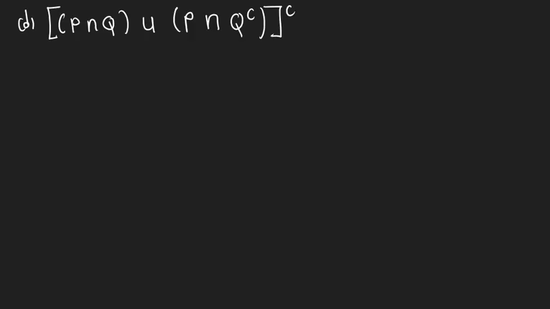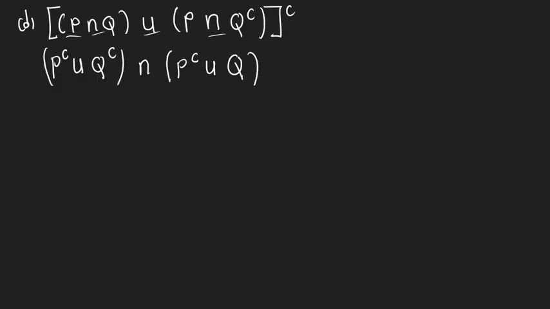So how do you go about solving this? Complement exposed to this P, it becomes P complement. Complement exposed to the intersection set becomes the union set. Then complement exposed to Q, it becomes Q complement, right? Complement exposed to the union set, it becomes the intersection set. Complement exposed to P, it becomes P complement. Complement exposed to the intersection set becomes the union set. Complement exposed to Q complement, it becomes the set Q.